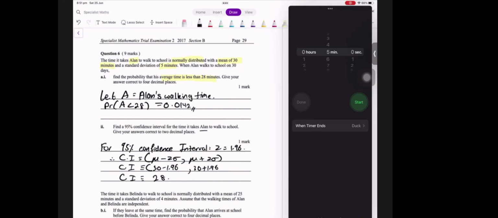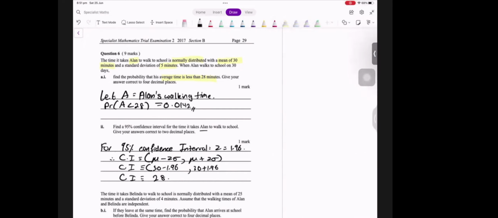So a key detail that you may have missed is that Alan walks to school on 30 days. So here it is looking for the time it takes for Alan to walk to school. And so what it's basically asking is, what's the confidence interval for 5 root 30.